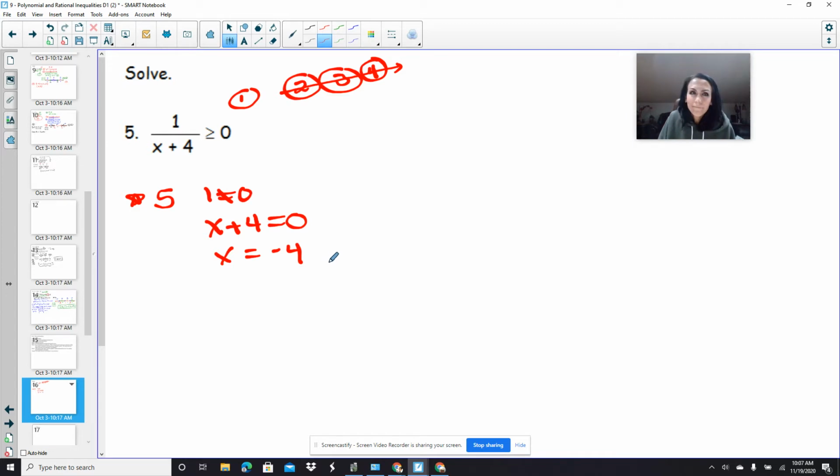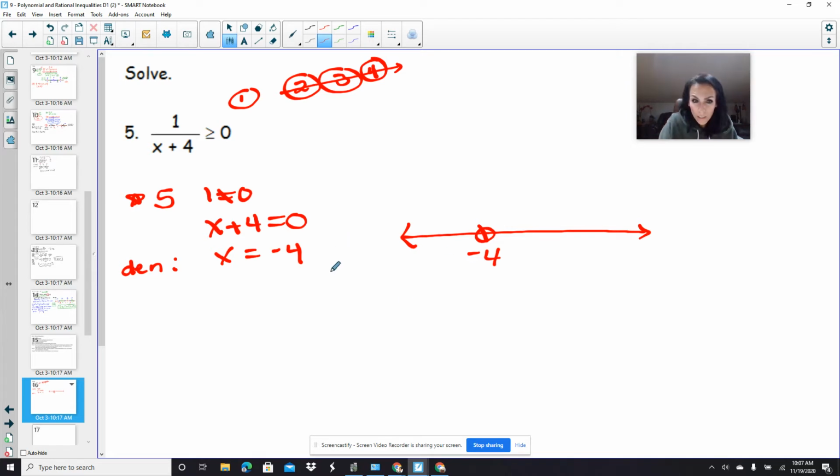Okay, what do you guys think about that? Remember, we're working in the denominator. So can x equal -4? No, that indicates to us that we have to have an open circle on -4. Okay, have to have an open circle.